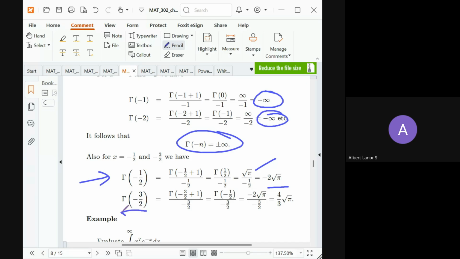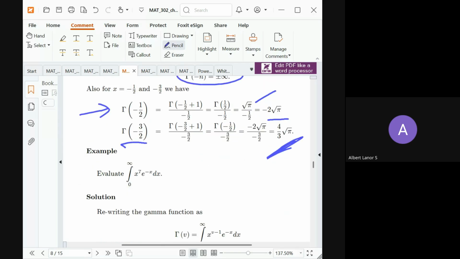Then gamma of minus 3 on 2 is gamma of the number plus 1 divided by the number, so gamma of minus 3 over 2 plus 1 over minus 3 on 2. That gives 4 over 3 root pi. So in conclusion, you are not able to find the gamma of the integer values, but you're able to find the gamma of the half ones.